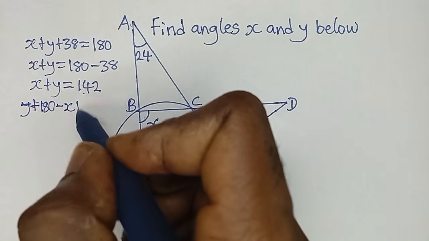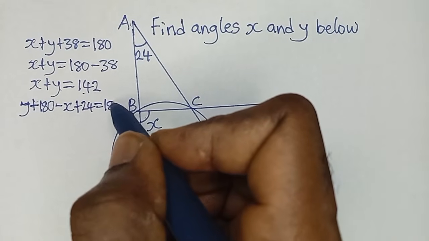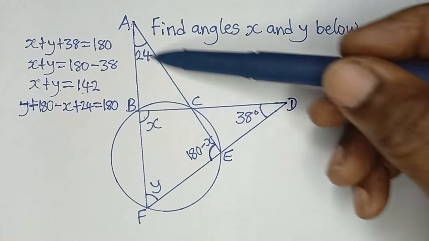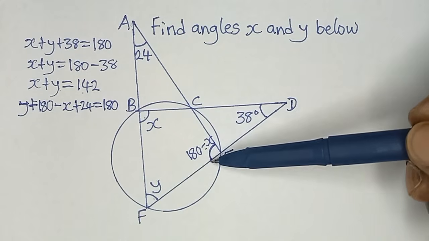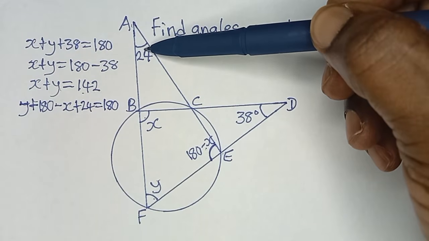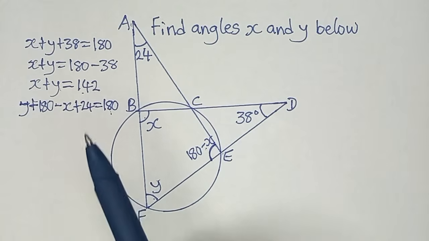So I say plus angle 24. Everything should be equal to 180 because the sum of angles in a triangle is 180. So I've added these three angles: angle Y, angle 180 minus X, and angle 24, the three angles in the triangle, and that should sum up to 180.